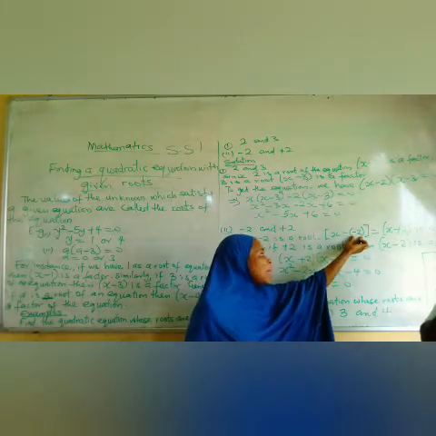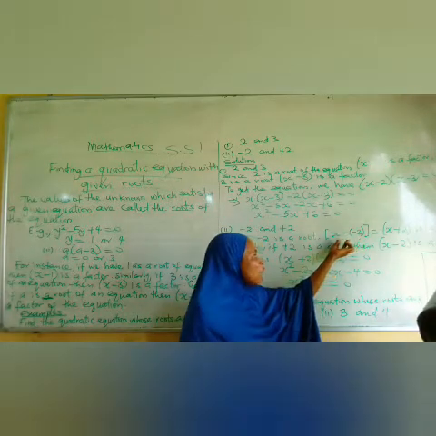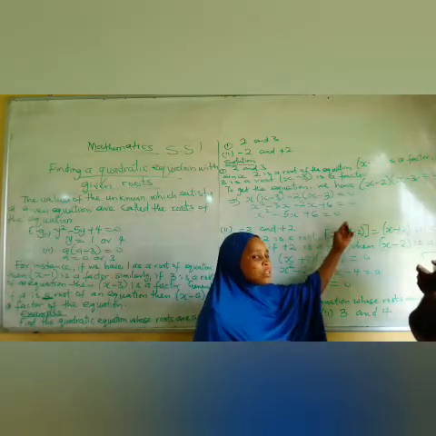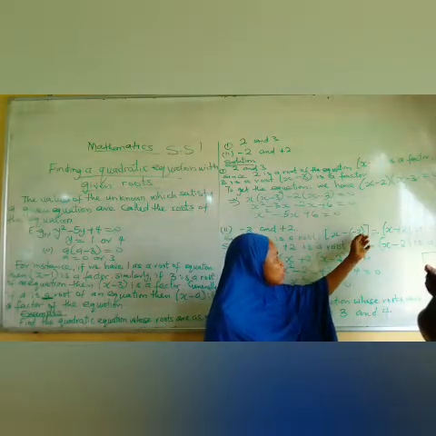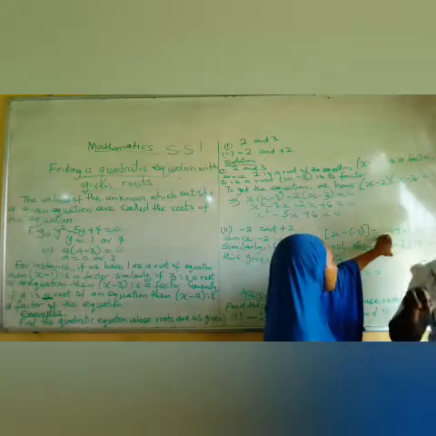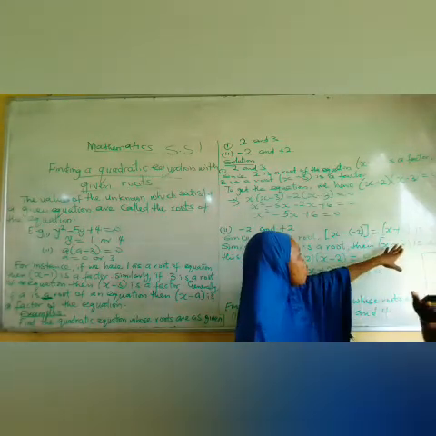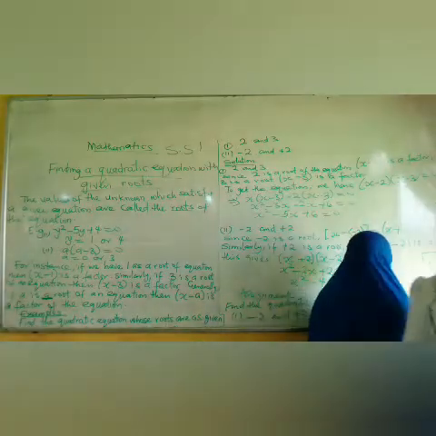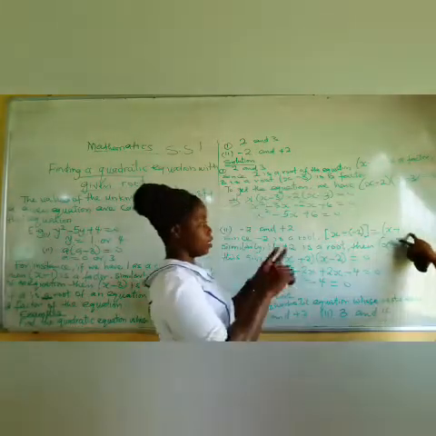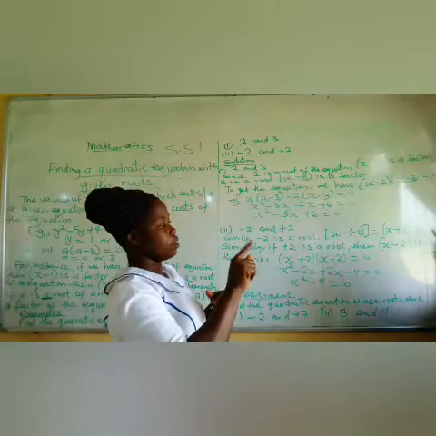There will be another bracket. So that is why we have it as x minus minus 2, which will finally equal x plus 2. x plus 2 is now the factor of the equation.